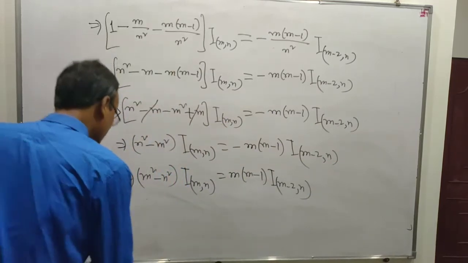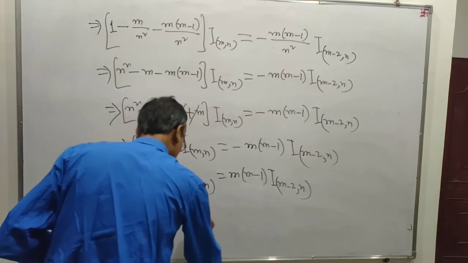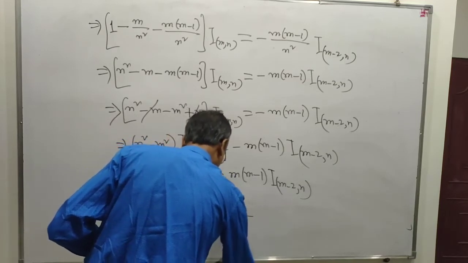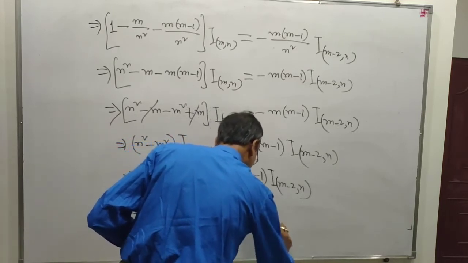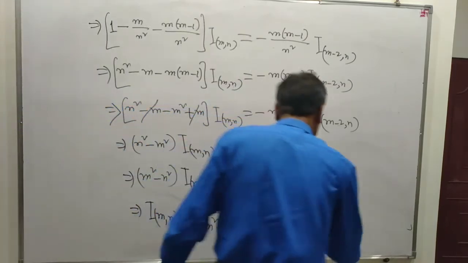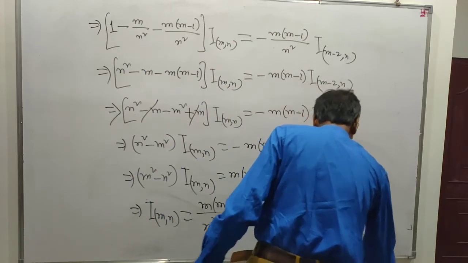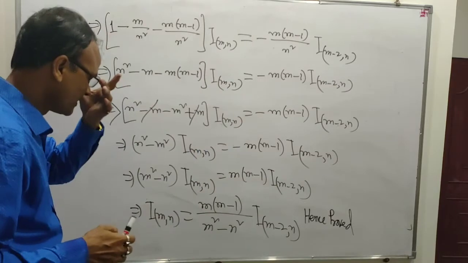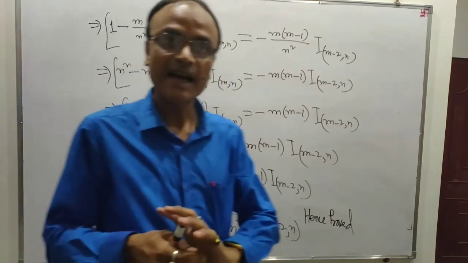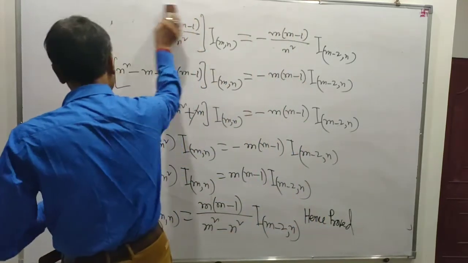This means that I m n is equal to m into m minus 1 divided by m square minus n square I m minus 2n. It will be like this. Hence proved. I m n equal to m into m minus 1 divided by m square minus n square I m minus 2n. It has been proved.